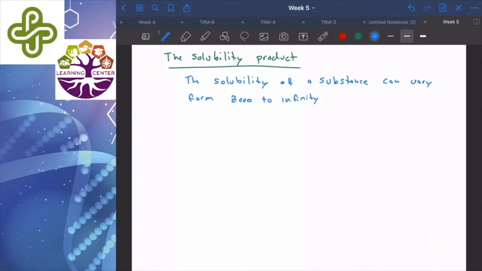And something that has an infinite amount of solubility, we call miscible, which means you can mix any two bits of it and they're going to continue to be completely soluble. And for things that have a finite solubility, they're going to reach this level of saturation.